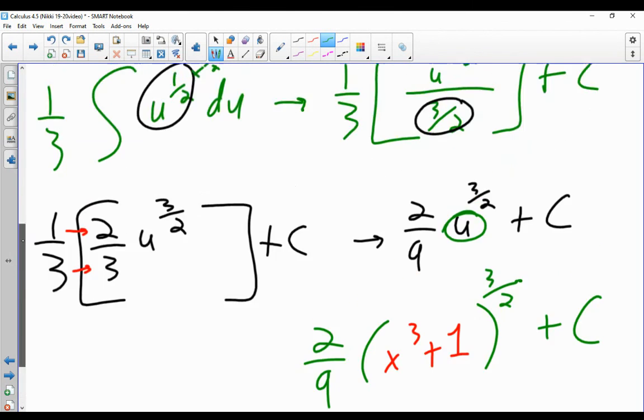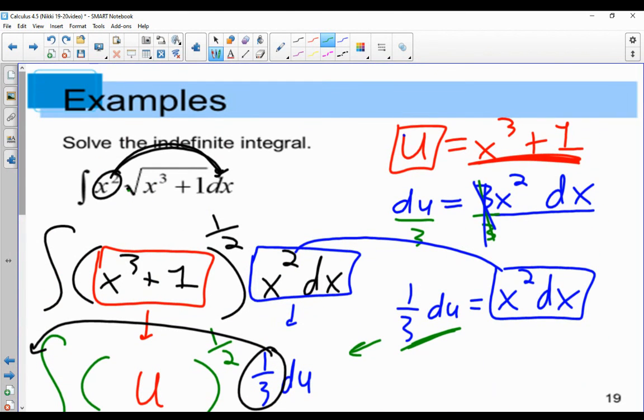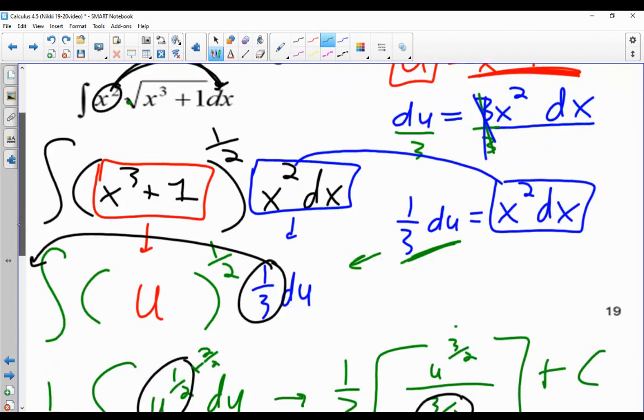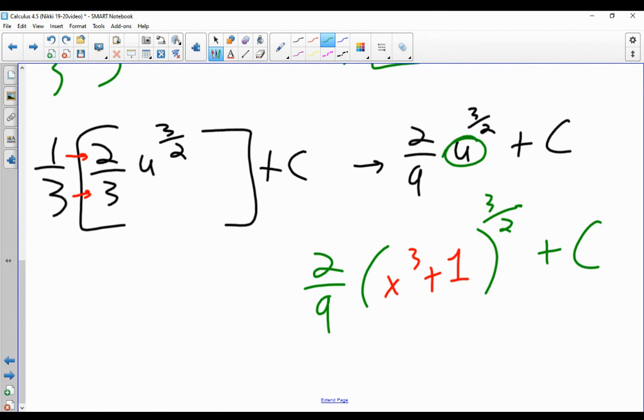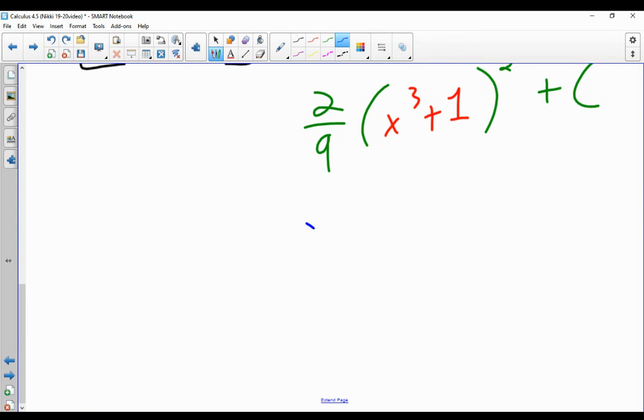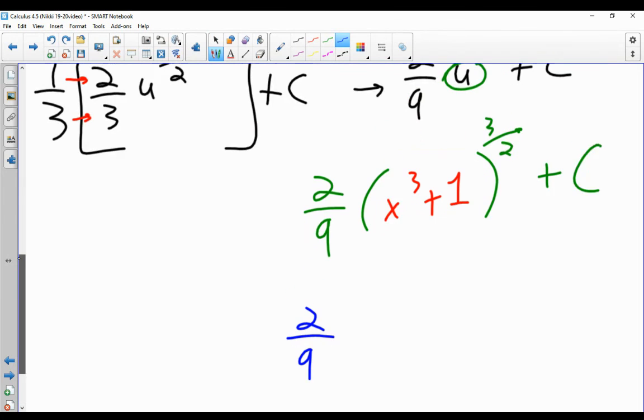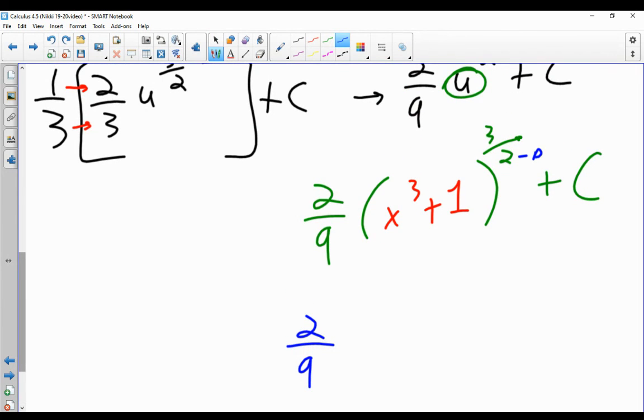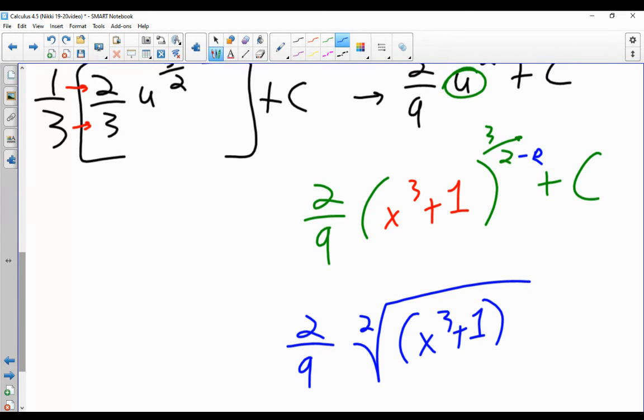Let's take a look. Nope, we started as a root, so we need to end as a root. So then, for our final answer, 2/9 times the root is 2. So square root of x cubed plus 1. The power is 3. So that's going to be to the power of 3, and then plus c.